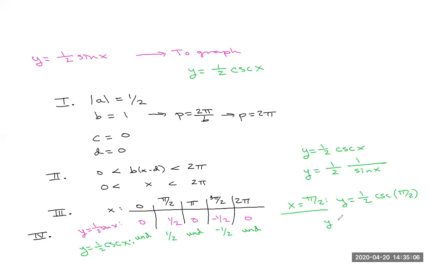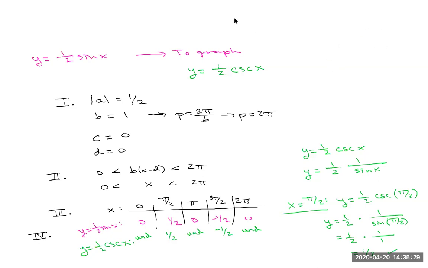That's the same thing as 1/2 times 1 over sine of pi over 2. That's 1/2. We know that sine of pi over 2 is 1, so we get the same value.